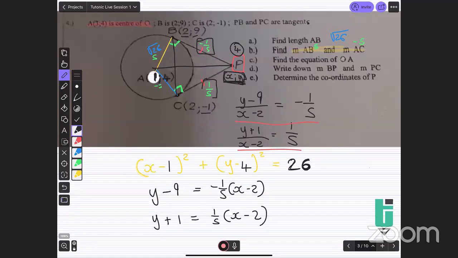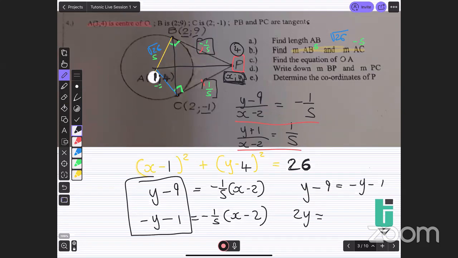We could also make this negative, and then this becomes minus y minus 1. Do you guys agree? Okay, and then we equate this. So y minus 9 equals minus y minus 1. 2y equals 8. y equals 4. You guys see that? I can say it again.